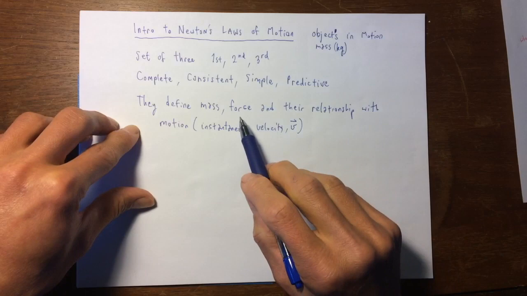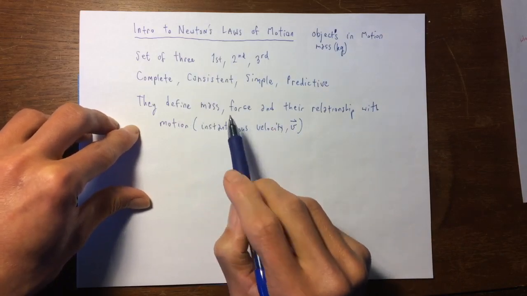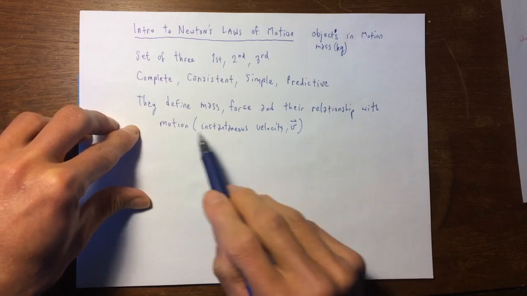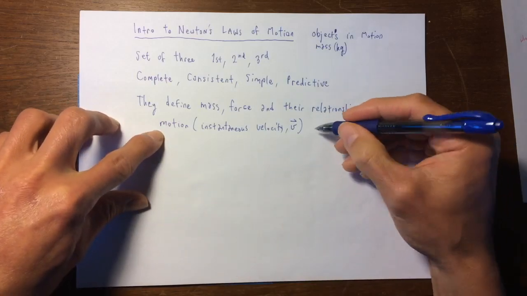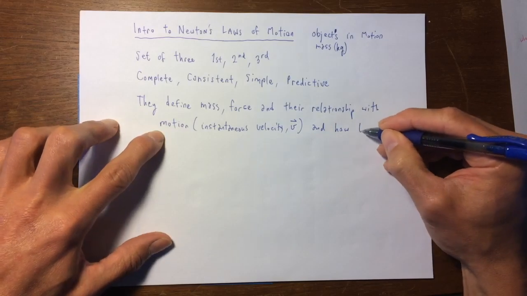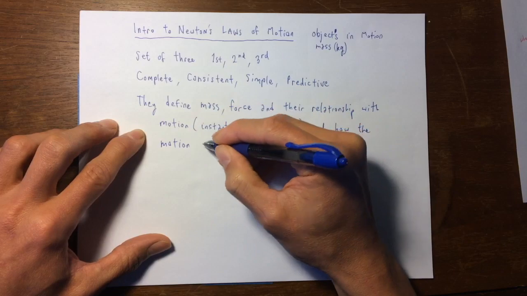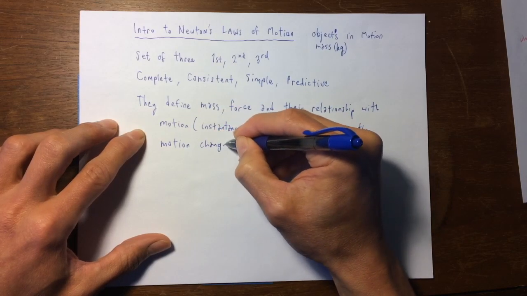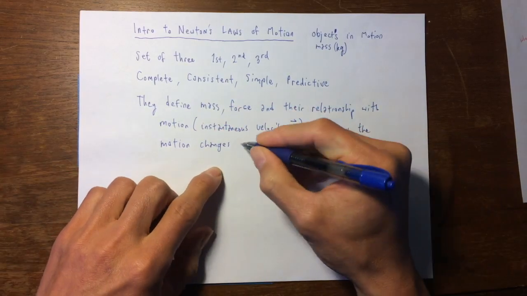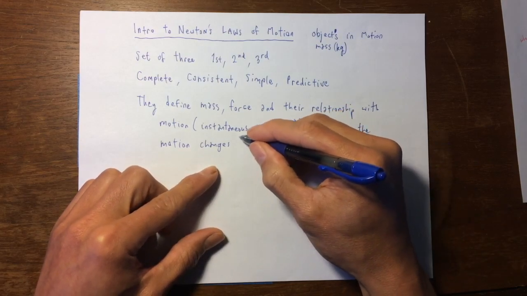So these laws of motion define mass and force and their relationship with motion, and also how the motion changes. And motion changing is referred to as acceleration.